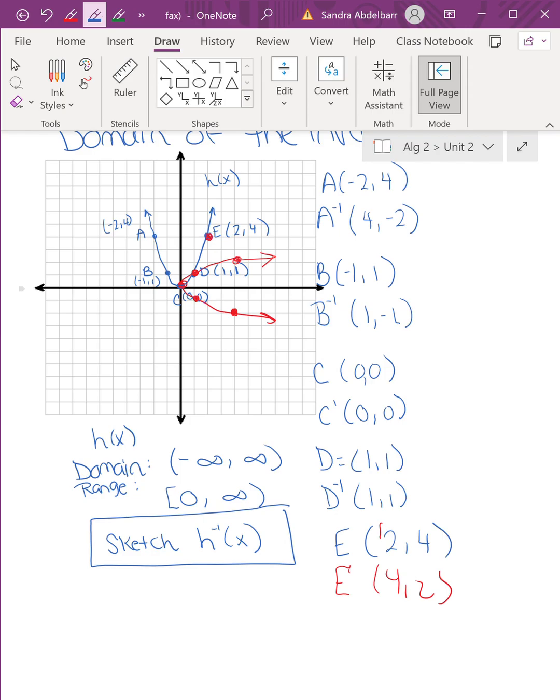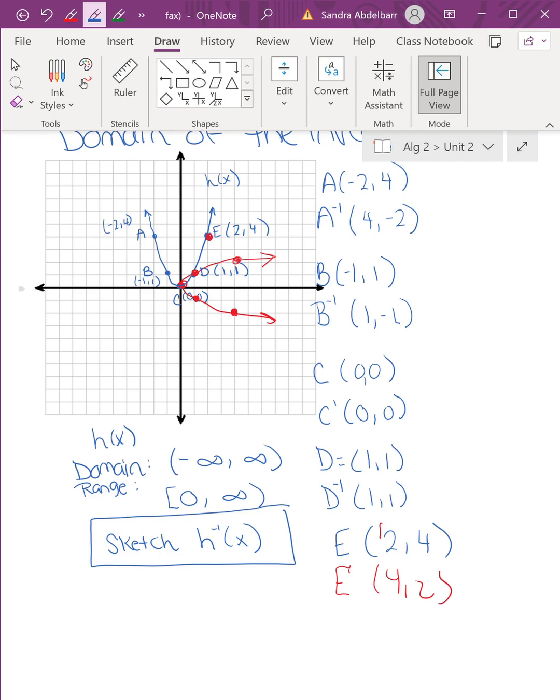Okay, so let's talk about this. Someone tell me, what is the domain of our inverse? Looking at the graph, what is the domain of the inverse? Matt? Good. So the domain of the inverse is going to be 0 to infinity. Wasn't that the range of our original?